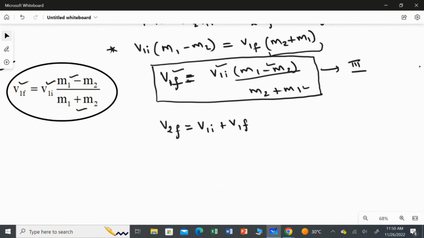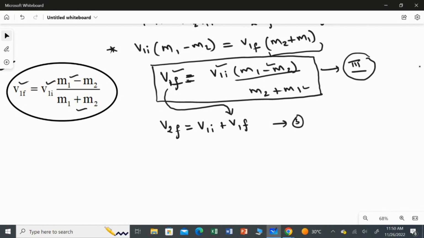Now I'm going to substitute this equation in place of the third equation. That means I'm going to take this V1 final and substitute that value here. By that, we will get the final speed of the second mass.